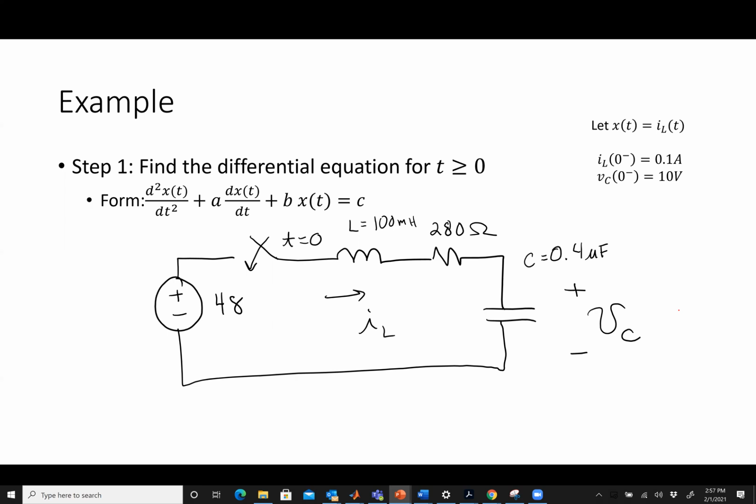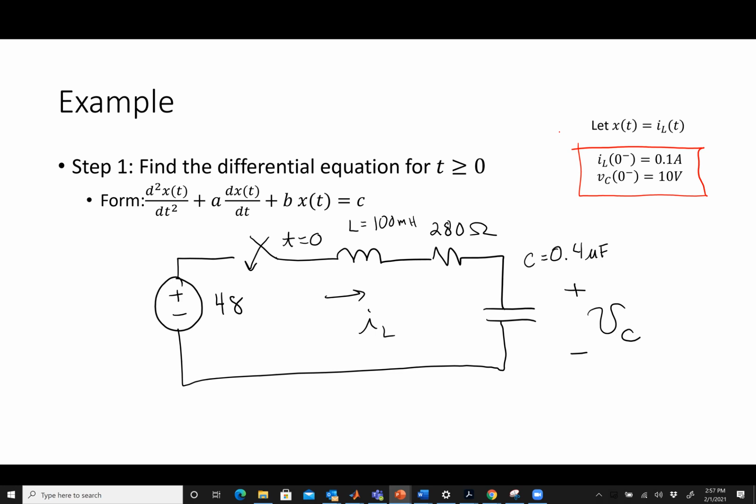I'm told I'm closing that switch at t equal to 0. Somehow, I know that IL(0-) and VC(0-) were 0.1 amps and 10 volts. There had to be something else going on in the circuit to make that happen that we don't see, but those are the values that we're told, okay?